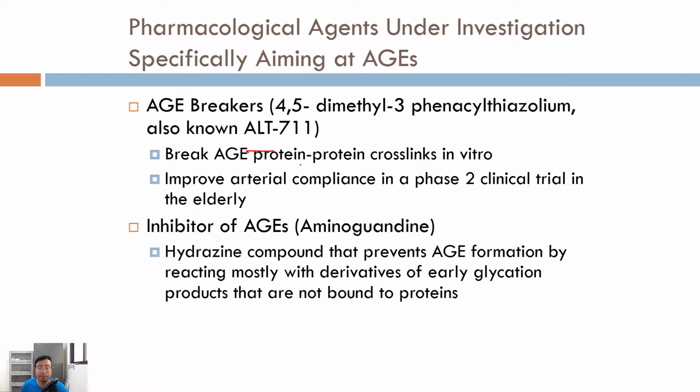Also aminoguanidine prevents the formation of advanced glycation end products by reducing the derivatives of early glycation that are not bound to proteins. And we also know that hydrazine, a derivative of aminoguanidine, is also a NOS inhibitor, right? Because it inhibits NOS, further generation of reactive nitrogen species and oxidative stress can be reduced. That was actually helping in the formation of AGEs, but it inhibits this process.